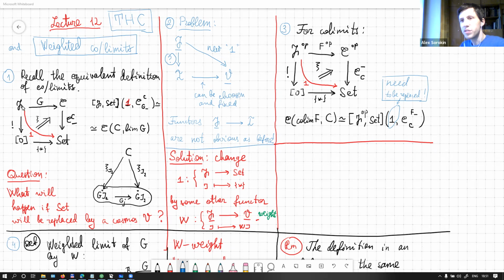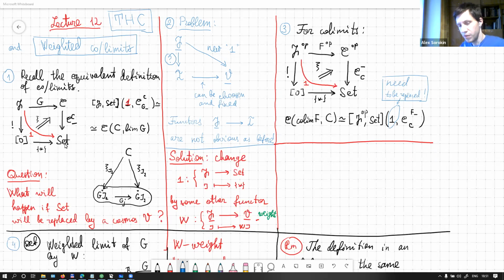So if we have a functor G going from category J to category C, and I want to take the limit of this functor, I am considering the following picture. I'm taking a terminal functor going from category J to the trivial category, the unique functor, and then embedding the category with one object in the category of sets.